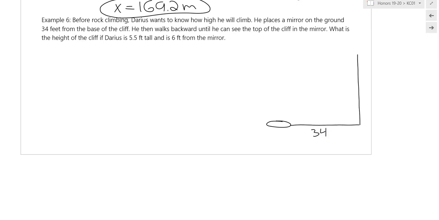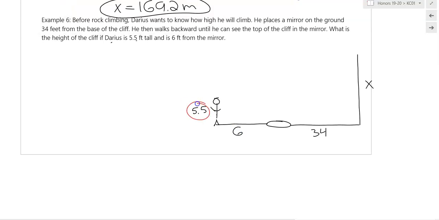He then walks backward until he can see the top of the cliff in the mirror. So Darius walks this way, and he's standing over here. What is the height of the cliff? That's our question. If Darius is 5.5 feet tall and is 6 feet from the mirror.